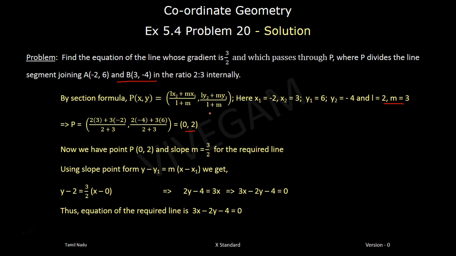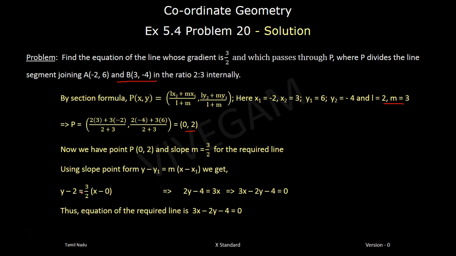Now you know the point and you know the slope. So use that in the slope point form. y minus y1 equals m into x minus x1. This is x1, y1, right? So y minus y1, that is 2, equals slope m, which is 3 by 2, into x minus x1. x1 is 0. Cross multiply, this will become 2 into y minus 2.